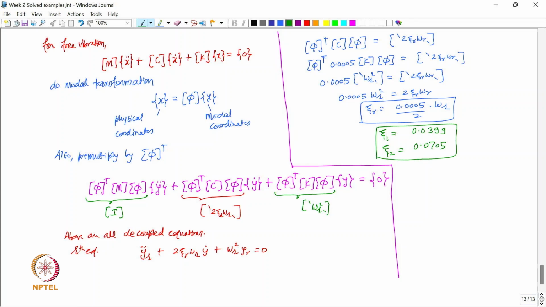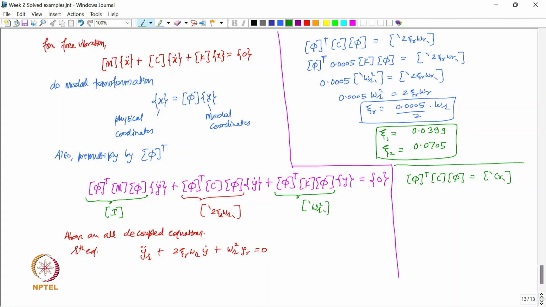Of course, one more thing I would say here, that alternatively we can also write phi transpose C phi as a diagonal matrix of viscous damping coefficients.